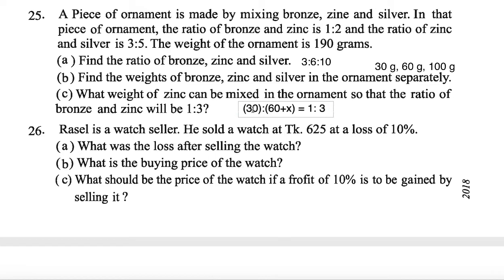This becomes 90 equal to 60 plus x. What is x then? x equals 30 grams. If we add 30 grams of zinc, then this ratio becomes 1 is to 3.